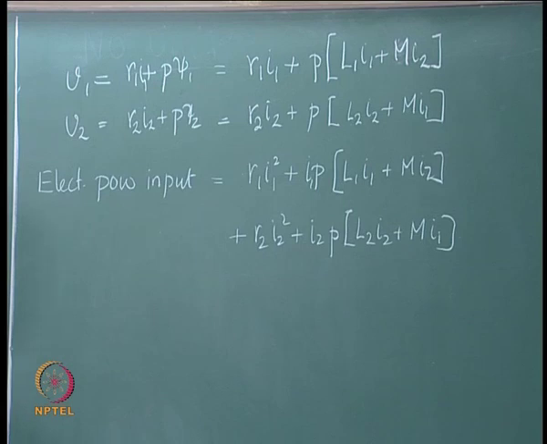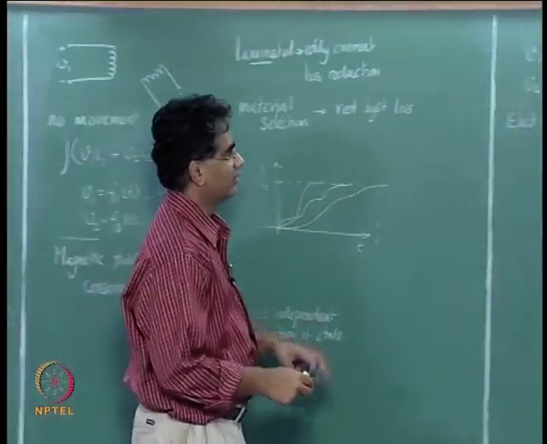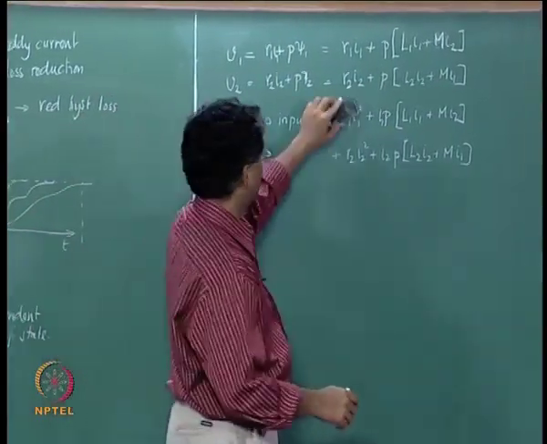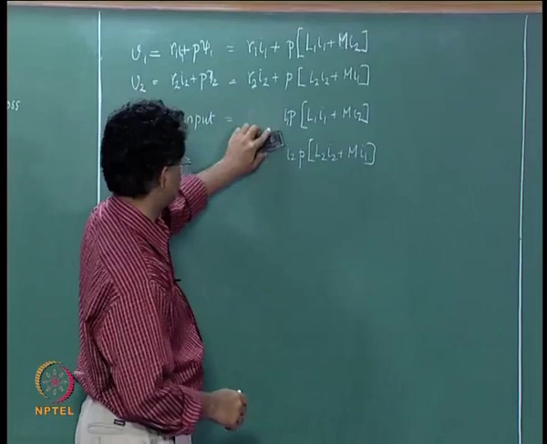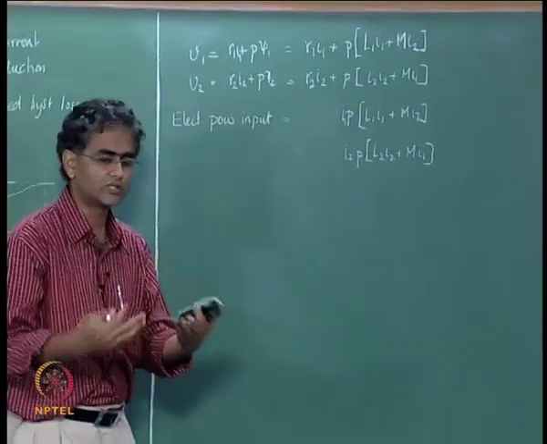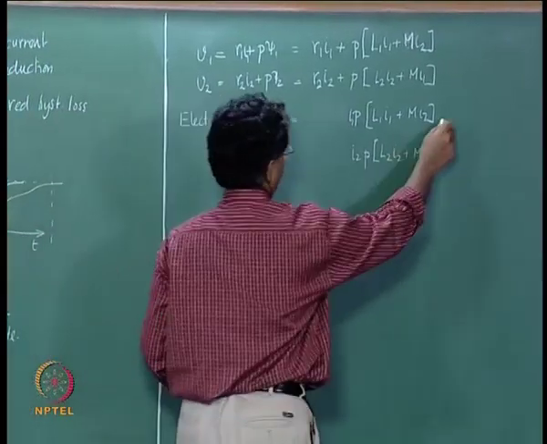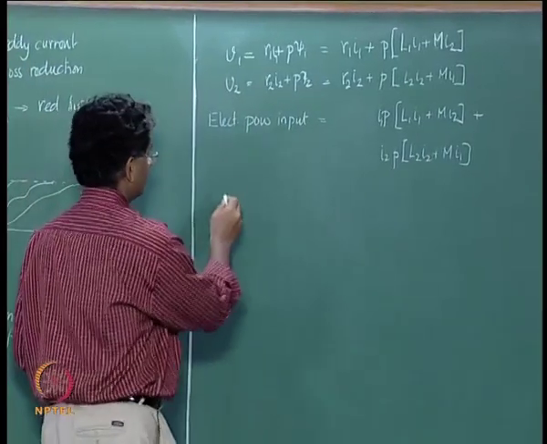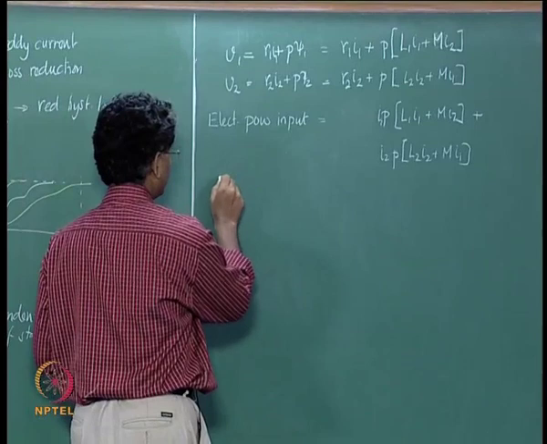Now, we started out by assuming that the resistance may be neglected. So, we are looking only at the energy stored in the field, and therefore it does make sense to neglect the resistance. If you have resistance, you just add resistance loss to the whole thing. So, this is the electrical input that is given.